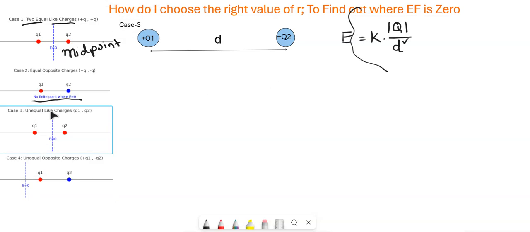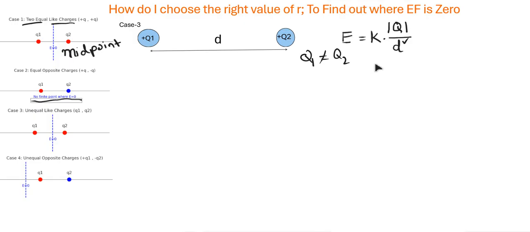Case number 3, where the charges are unequal but like charges, meaning both are positive, and Q1 is not equal to Q2. As they are like charges, in some point in between this region the electric field will be 0.